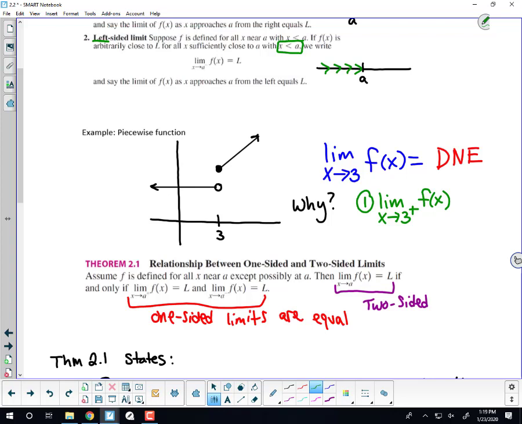Oh, I guess I need some values. I was making this a lot more difficult. It's a bar. Let's say those are the y values. As x approaches 3 from the right? 5. Does everybody agree with that? We're approaching 3 from the right-hand side of 3. The y value is getting closer to 5.